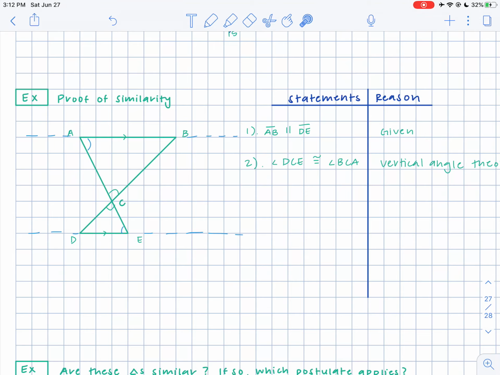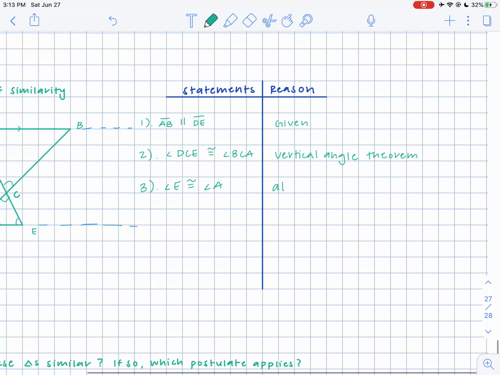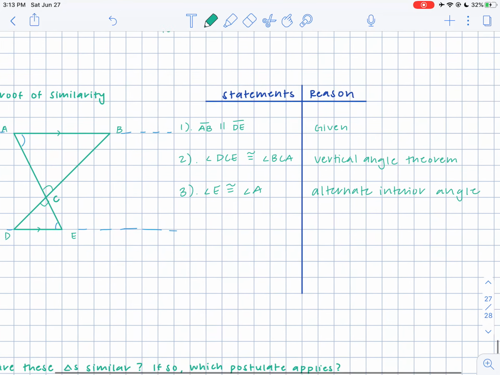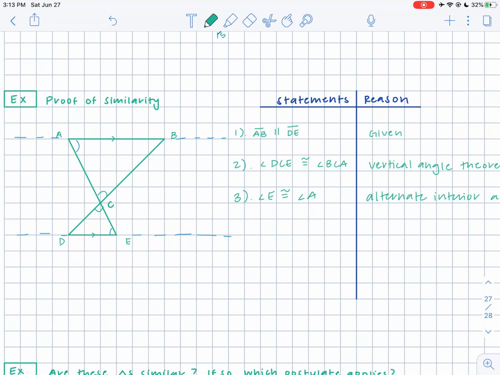One of them was alternate interior angles, where they're on the inside of parallel lines and they are alternating, so they're on different sides of the transversal. Okay, so another statement is that angle E is congruent to angle A. And we know that because of the alternate interior angle relationship when we see a transversal cutting a pair of parallel lines.